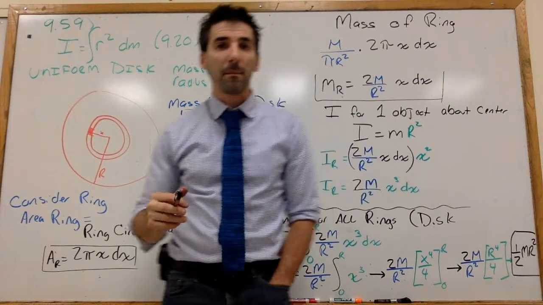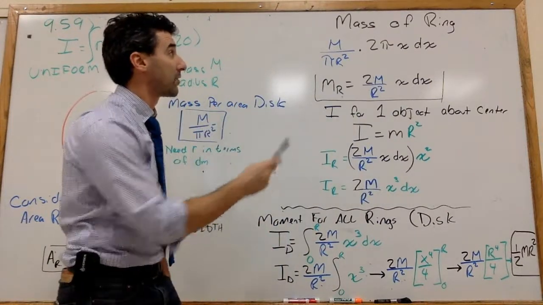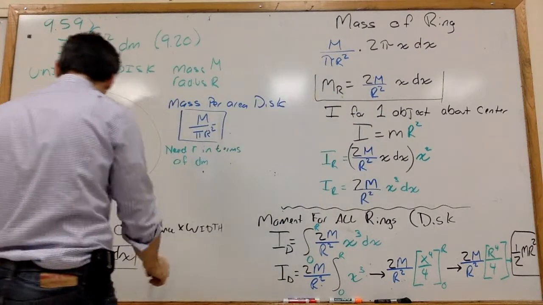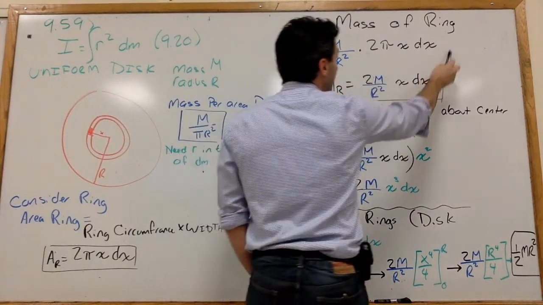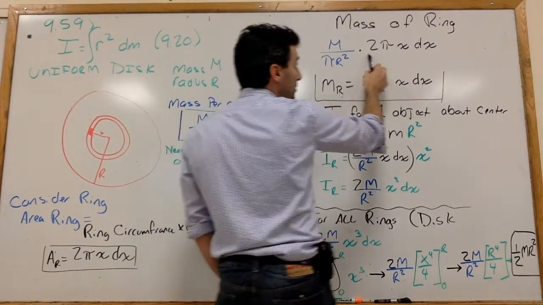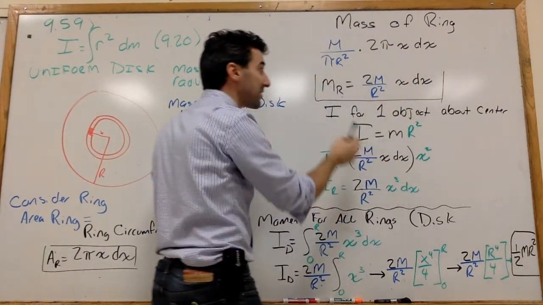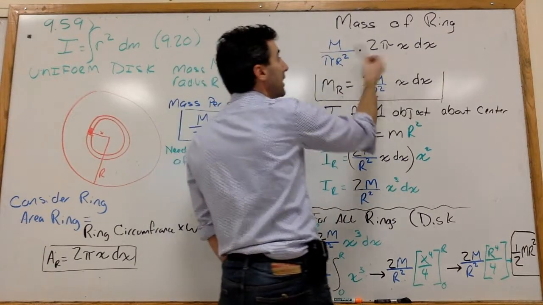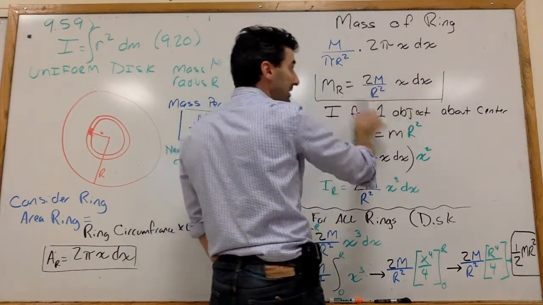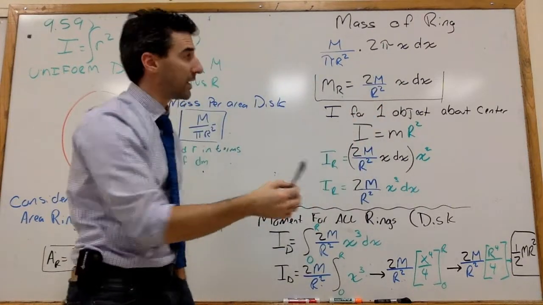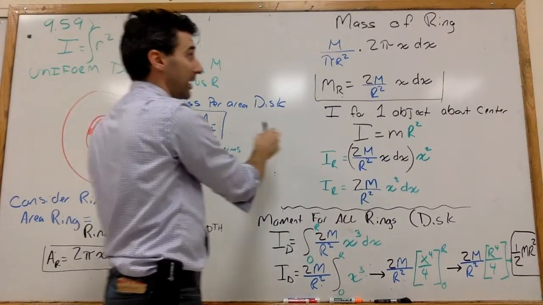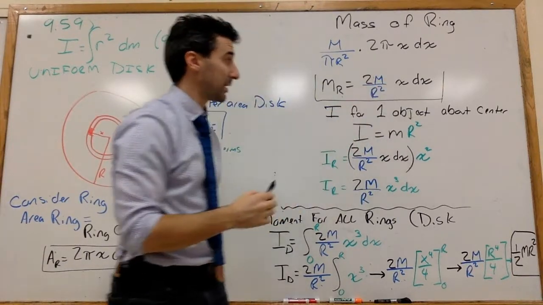To find the mass of my ring, I multiply the mass per unit area of my disk by the area of my ring, and I'm left with the mass of my ring. You can see the pi cancels out, so the mass of my ring, or any ring at some distance x, is just 2M divided by R squared, times x dx.